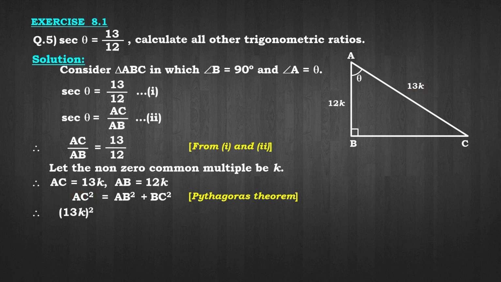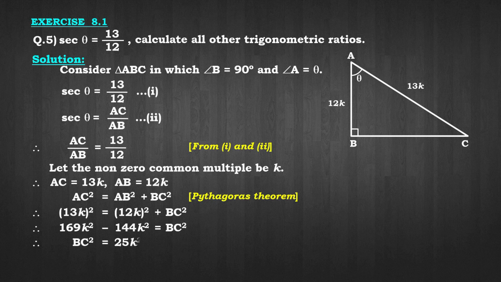Substituting the values, the square of 13K is equal to the square of 12K plus the square of BC. After simplifying, we get the square of BC equal to 25K square. Taking the square root, the value of side BC becomes 5K. Now, all three sides of the triangle are known.